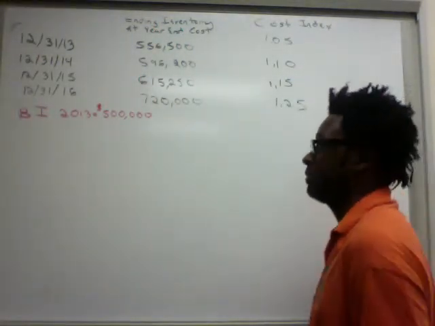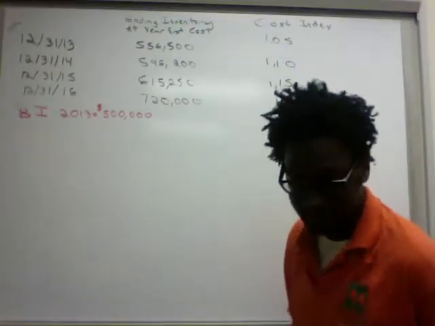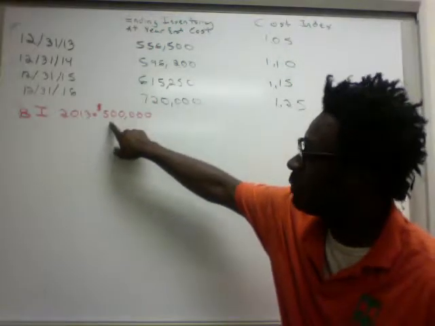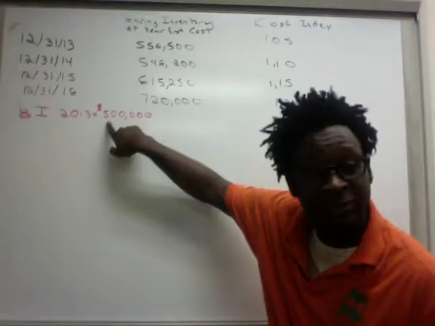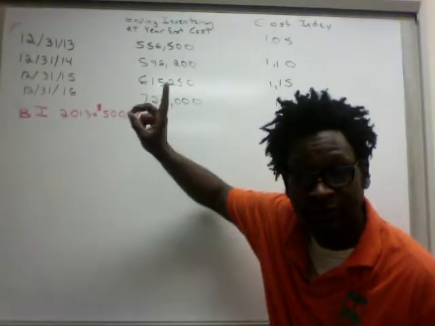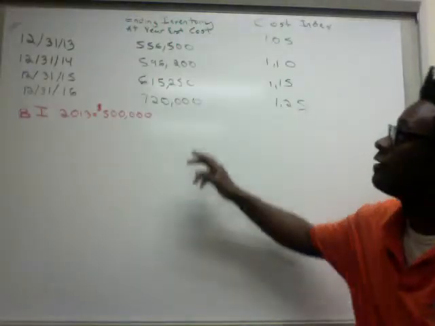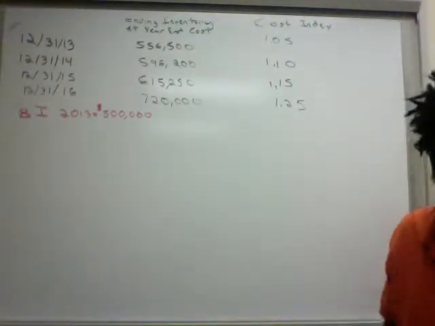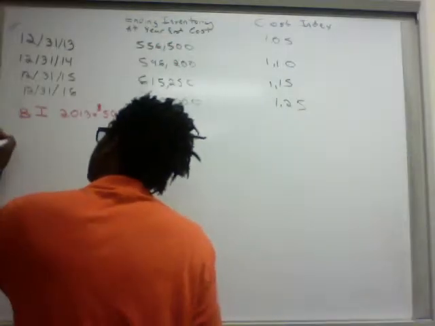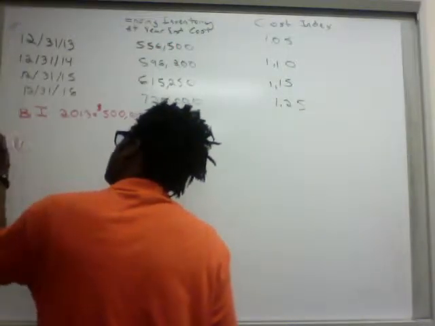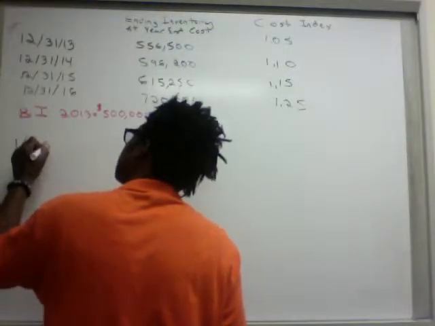Since this is our base year, because it's beginning inventory, and this is the very first year that we started off with our inventory, we're going to use this as our base for all of the following years.